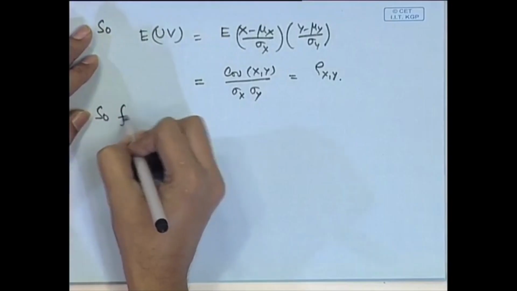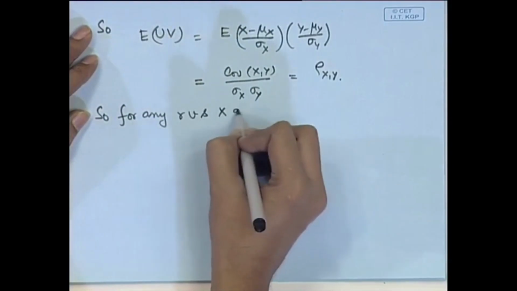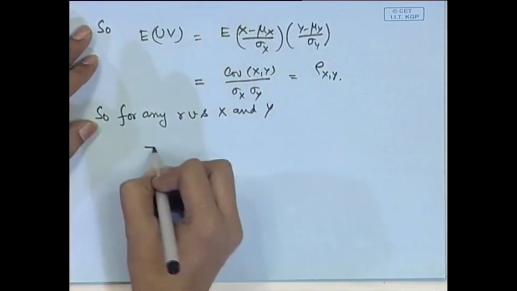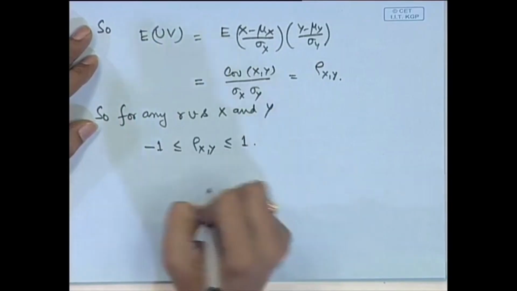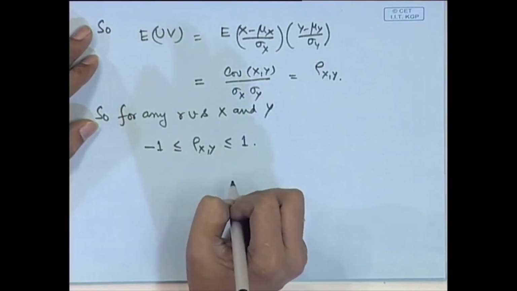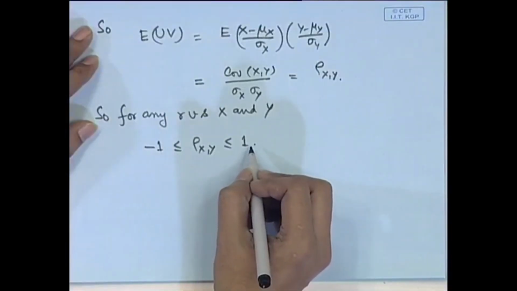So, for any random variables X and Y, the correlation coefficient lies between +1 and -1. The least value is -1 and the maximum value is +1.